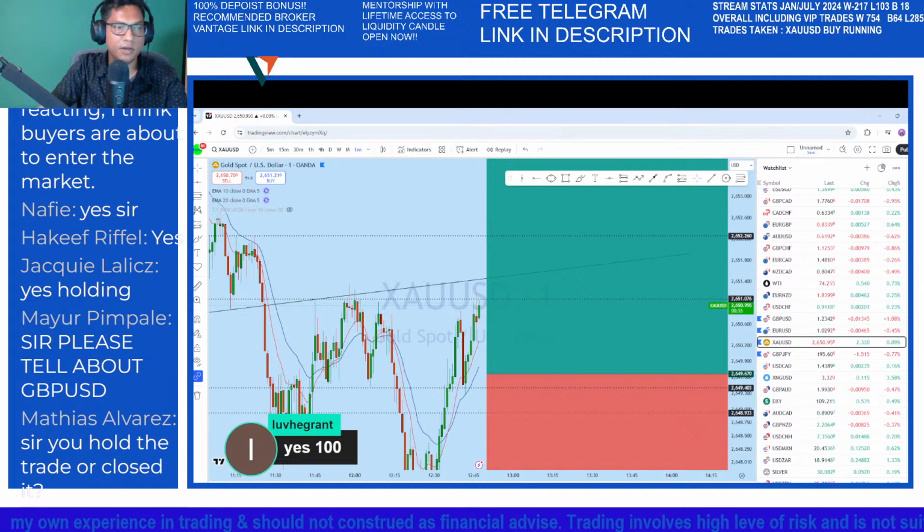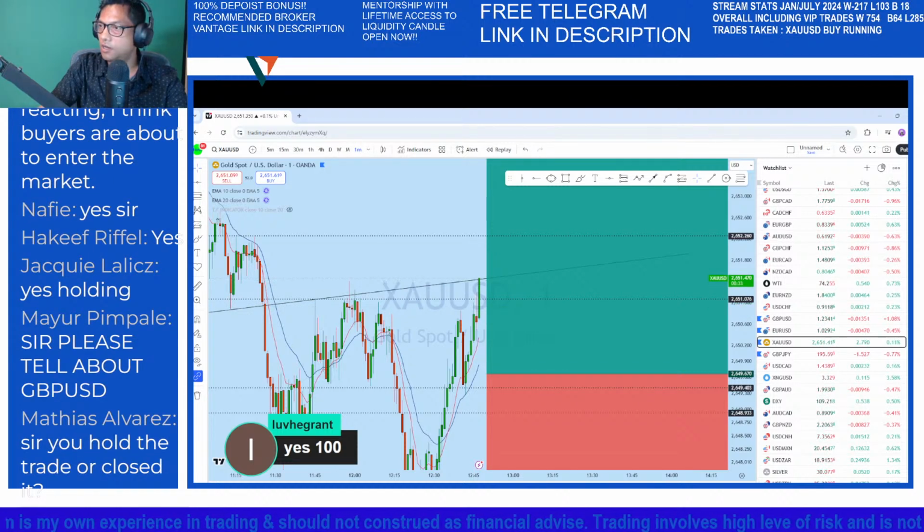I think so. The market is potentially doing that, and yeah, patience pays off. So you're patient, and the market is moving in that direction.